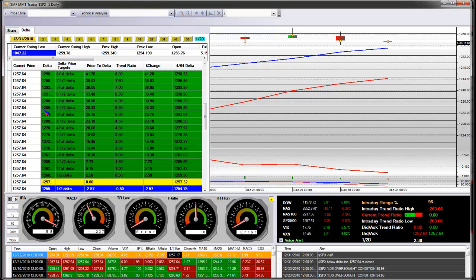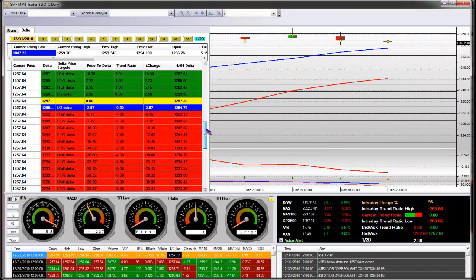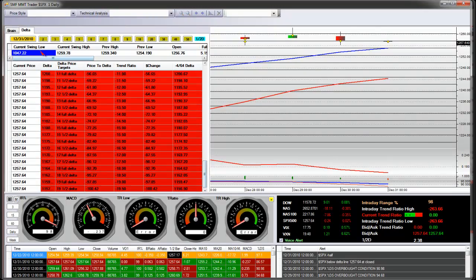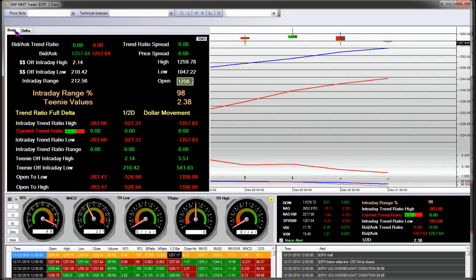So when I get to, let's say, 6.5, that's 1291. And a 7.5 is 1296, MMTs. 8.5 is 1301. Now, that's what's in the middle for tomorrow on a daily level. And it will be either descending or ascending, MMTs.